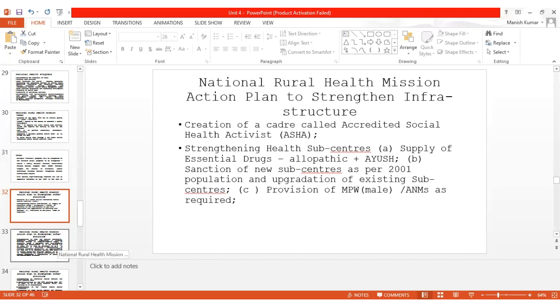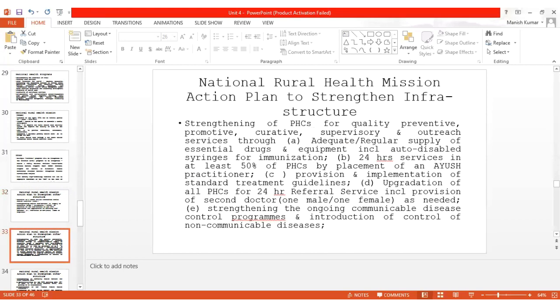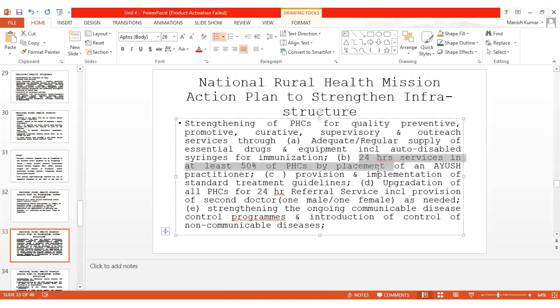Strengthening of PHCs for quality preventive, promotive, and curative services, supervisory and outreach services through adequate regular supply of essential drugs and equipment, inclusive of auto-disabled syringes for immunization. They also talk about 24-hour services, having at least 50% of PHCs as 24-hour facilities, and placement of AYUSH practitioners.